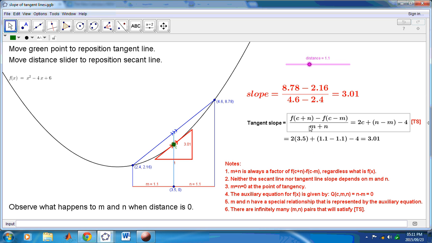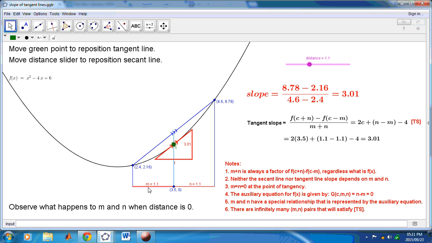Now, if you use the definition of derivative in the new calculus, which is f of c plus n minus f of c minus m over n plus m, you will arrive at 2c plus n minus m minus 4, and that's the exact slope. If you substitute the values for c, n, and m in here, you will get the gradient, which is 3.01.